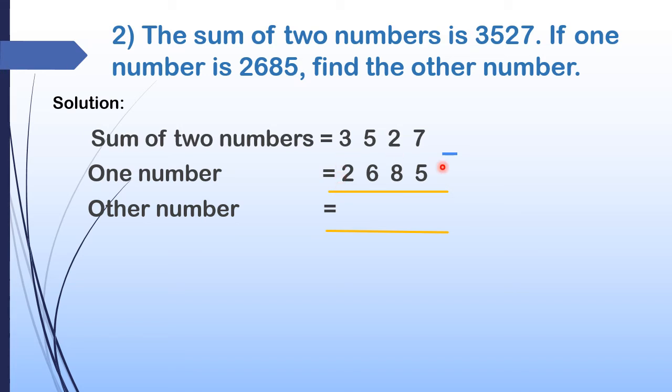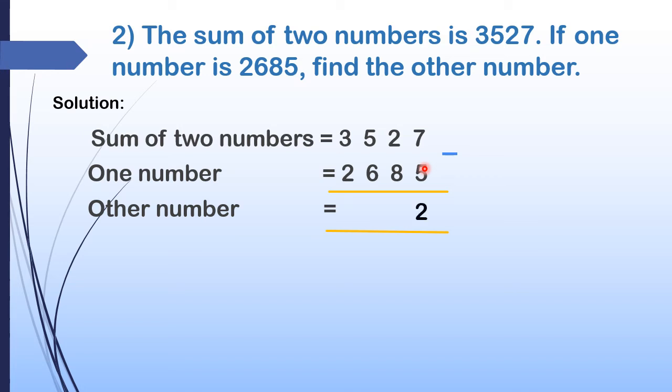Whenever we subtract, we have to start from the one's place value, isn't it? So 7 minus 5. What is 7 minus 5? Take 7 fingers, then fold 5 fingers. Then how many fingers are remaining?